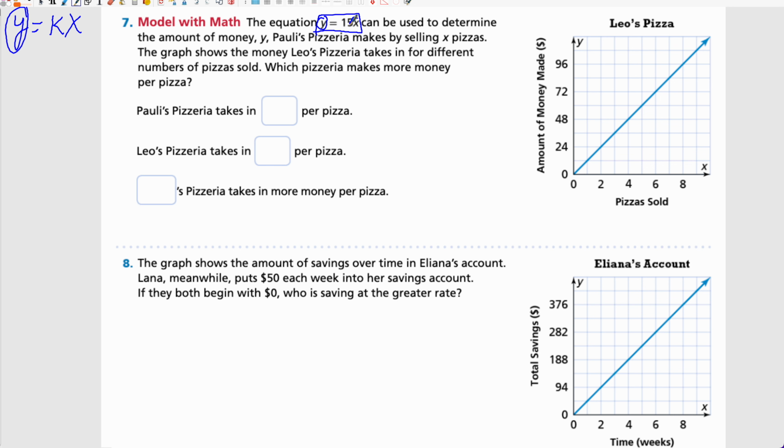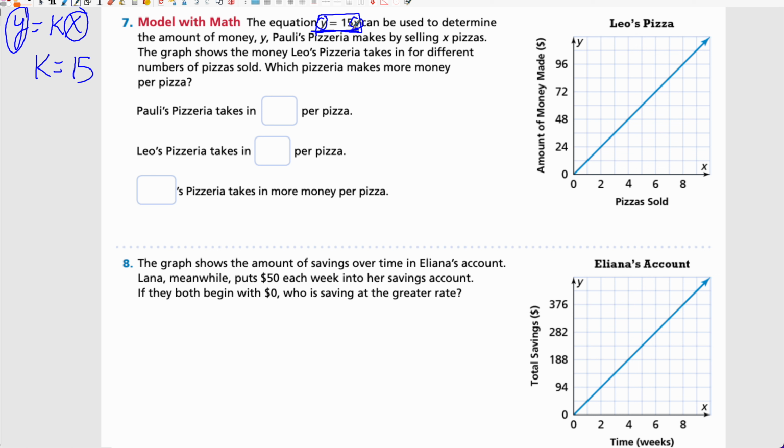I see an x just like this one has. What is left? K. There's a k that's left. And so what is my k value in this equation? 15. K equals 15.